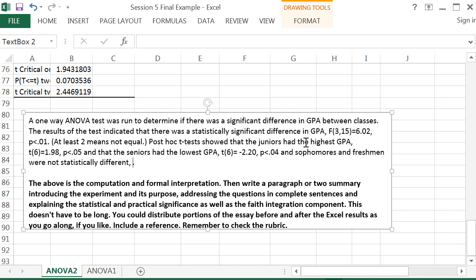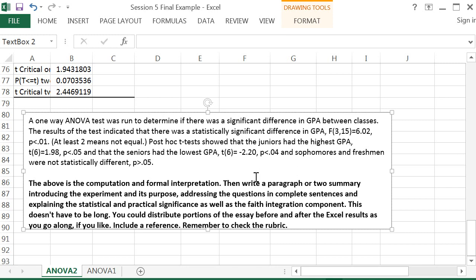And we would just need to say there p is greater than 0.05. When things are statistically different in APA format, you don't usually state the t-value also. And then this is the formal interpretation. You will want to include that in your final write-up of results.